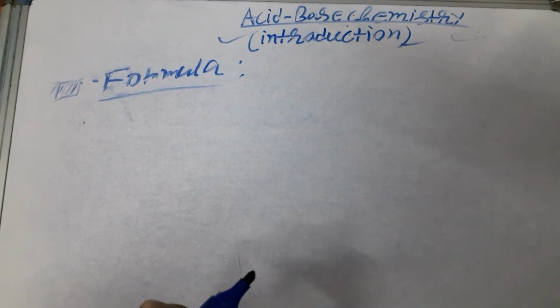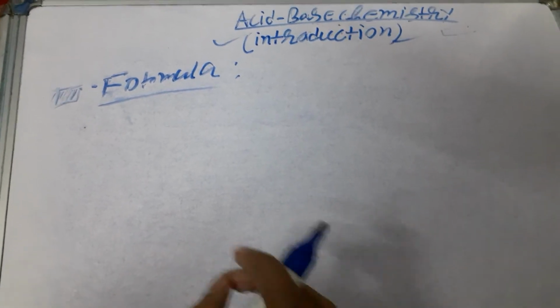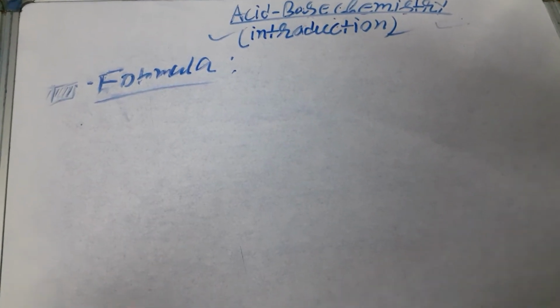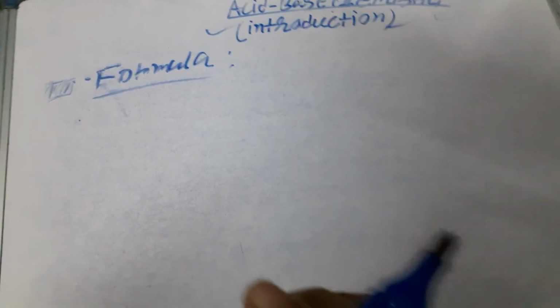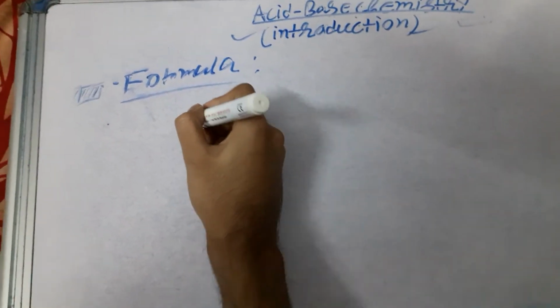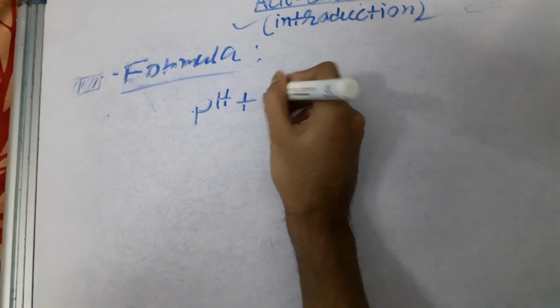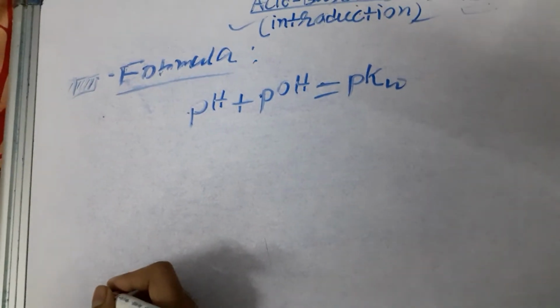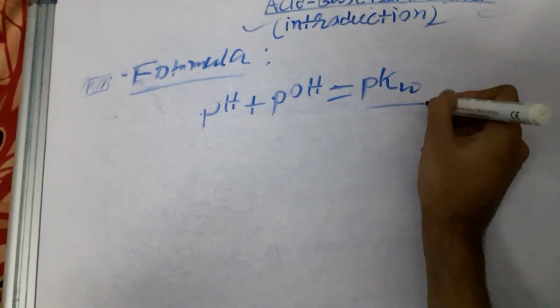This is a basic formula. From this formula you can solve any problem, because this is the basic formula, and it is upgraded much more at higher levels. I just give you some basics like this: pH plus pOH equals pKw. What about this pKw?